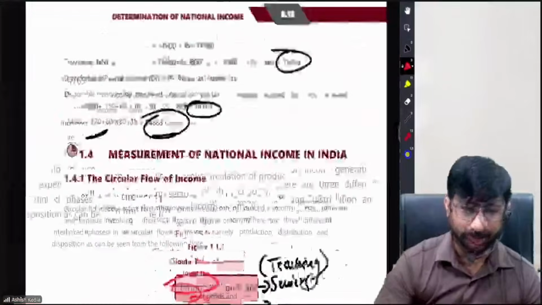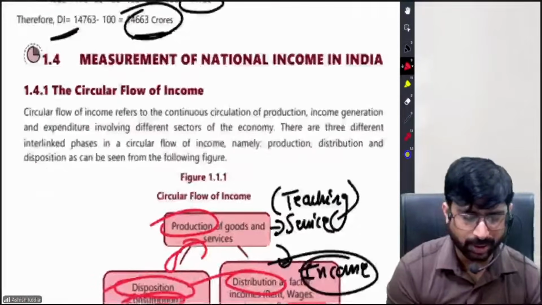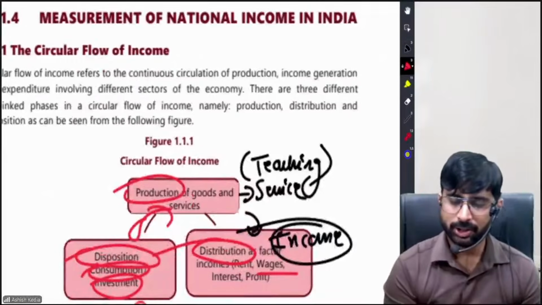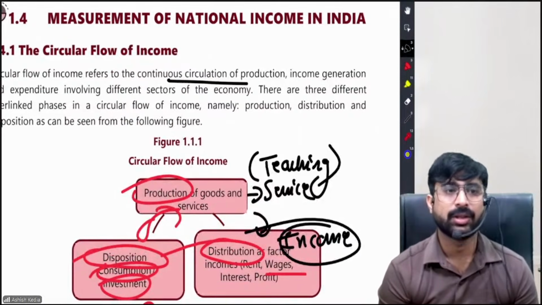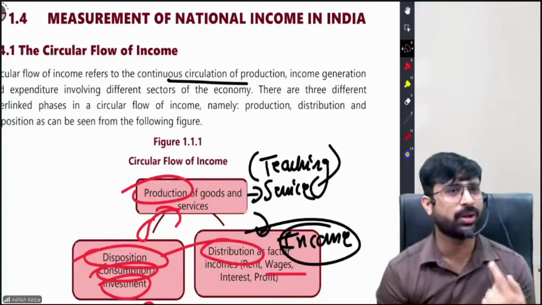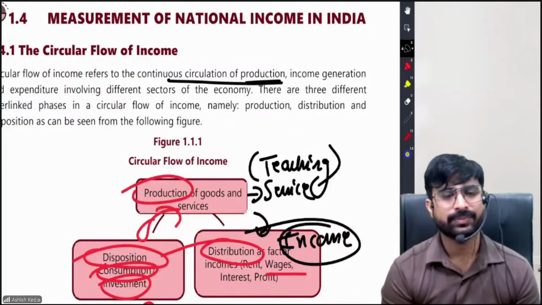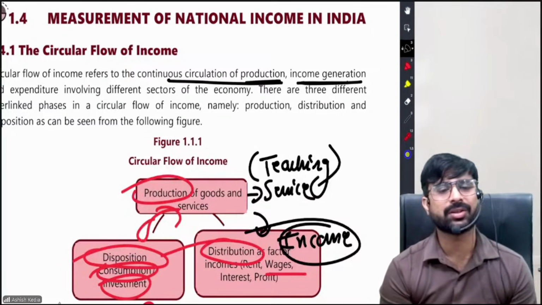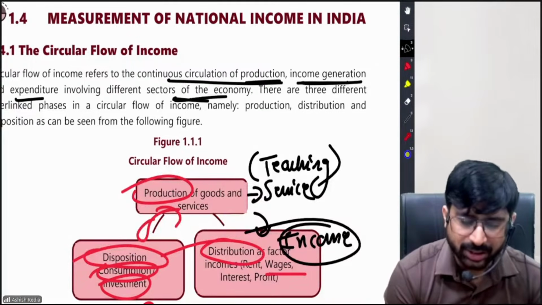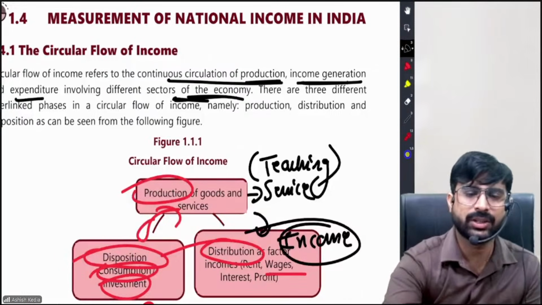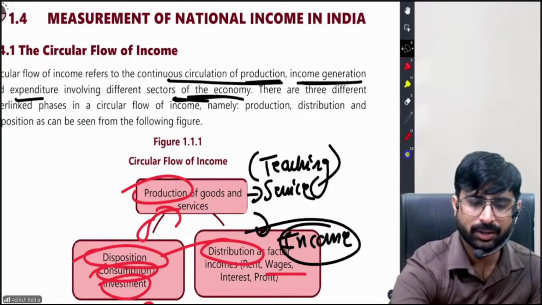Now let me read this for you. What is circular flow of income? Students, it refers to the continuous circulation of production, income generation, and expenditure in different sectors of the economy.